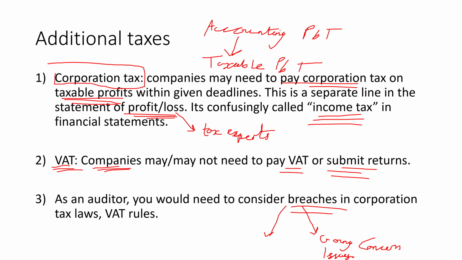If they've misled HMRC, that could be a very sensitive issue. Another risk of breaches in corporation tax laws is that liabilities are understated, because as a result of breaches, the company will have to pay fines or interest on unpaid amounts, etc.